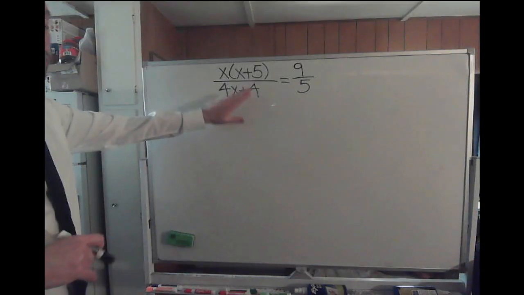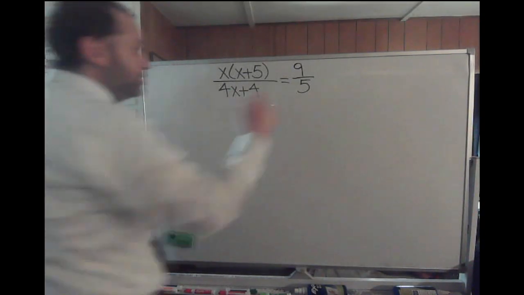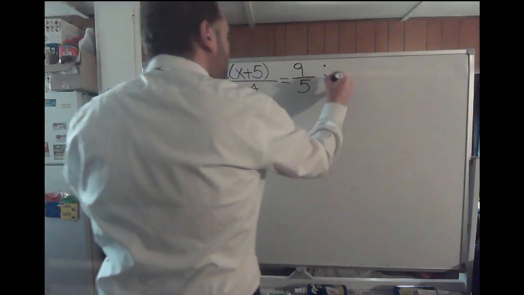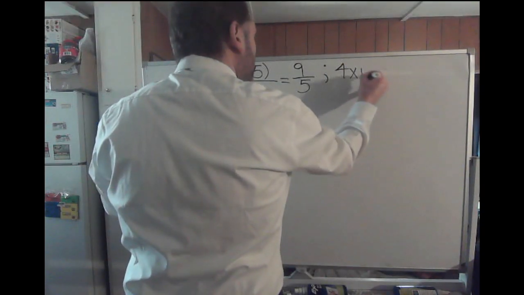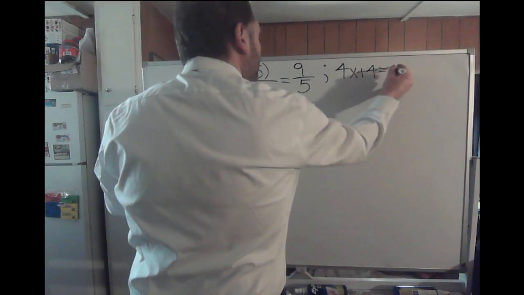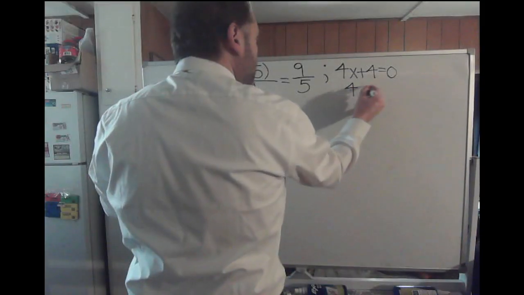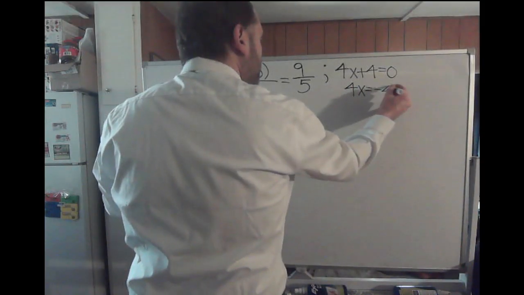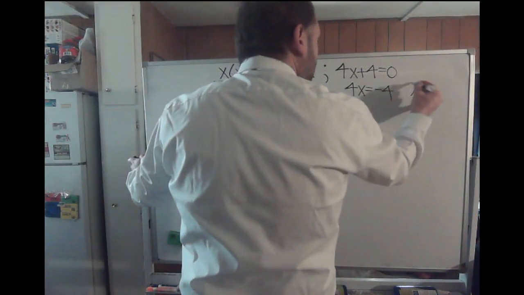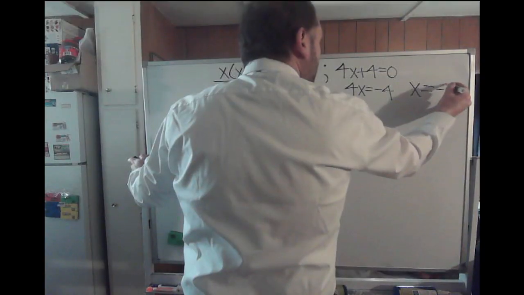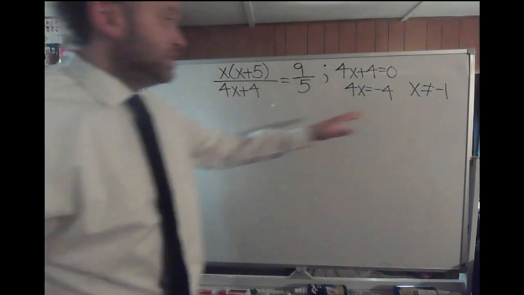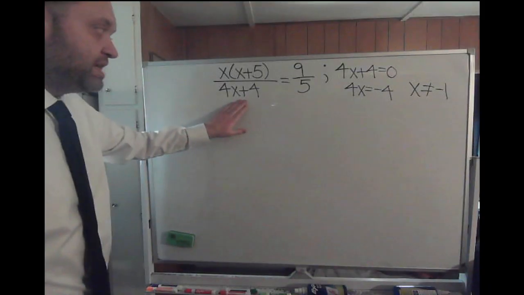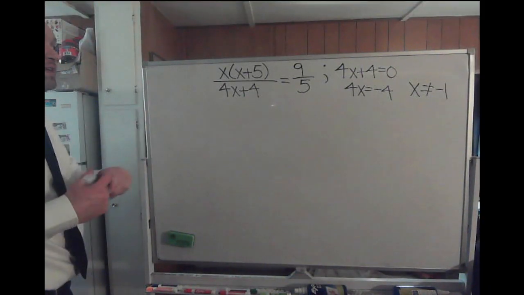We only have one denominator that has a variable, so set that one denominator equal to 0. So you would set 4x plus 4 equal to 0, which gives you that 4x equals -4, which would have to mean that x equals -1, which means x cannot equal -1. If x equals -1, that makes this denominator equal to 0 and undefined.